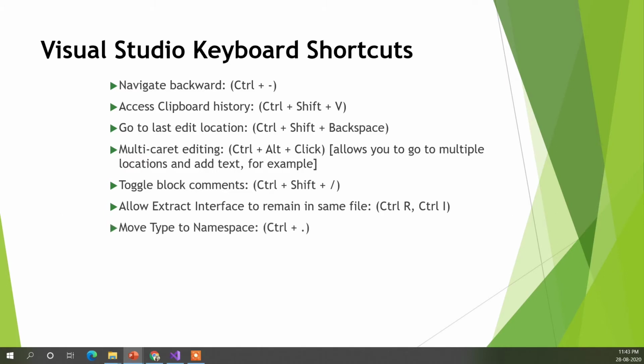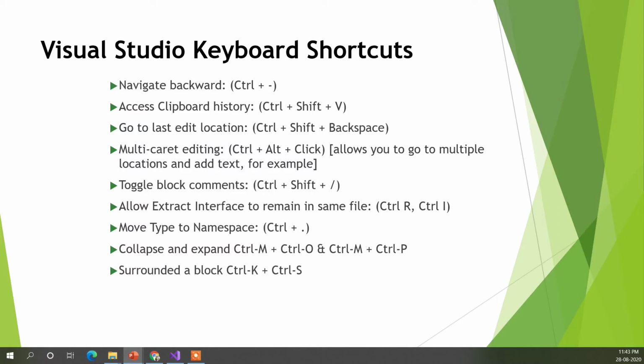And we can also use Control dot for moving to another namespace. If we have a requirement where one class needs to go into another's namespace, we can do that by using this shortcut. And this is used for expanding and collapsing all the blocks we have inside a class or a file.